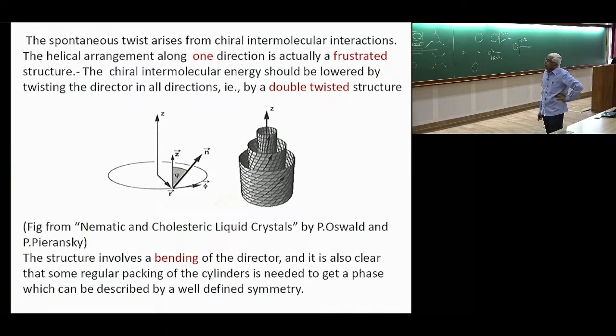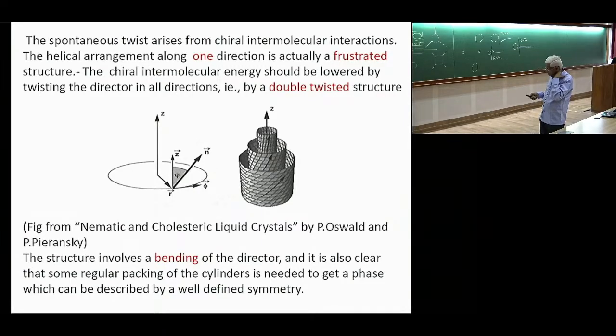Now, the spontaneous twist, you can say, okay, why is it only in one direction? There is a chiral interaction. So in principle, I must have it all around a given direction. I put a director at some point in the vertical direction, go around it. Why should it twist only in one direction? In principle, it should twist in all directions.